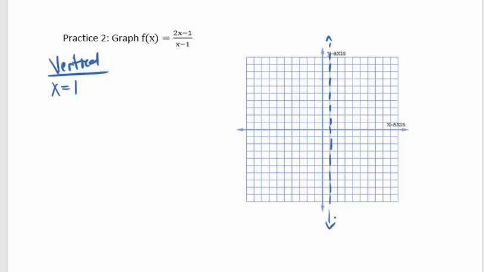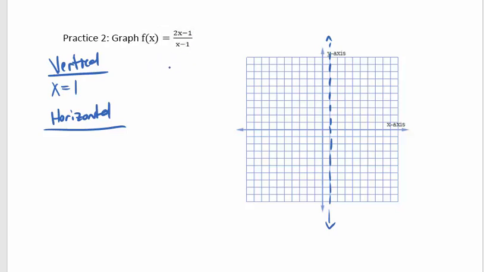All right, let's see. Horizontal. We are going to have a horizontal if the degrees match in the numerator, the leading term here, the degrees match here. When they match, then we're going to get a horizontal asymptote. And what we do is we just simplify. These first terms really kind of dominate what's going on here. So all we do is simplify the first terms and we ignore these second terms.